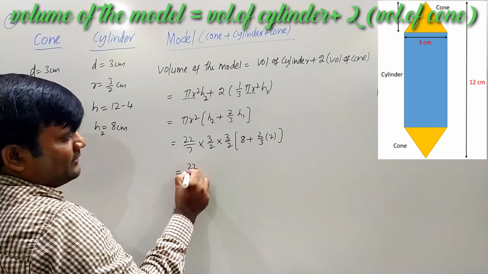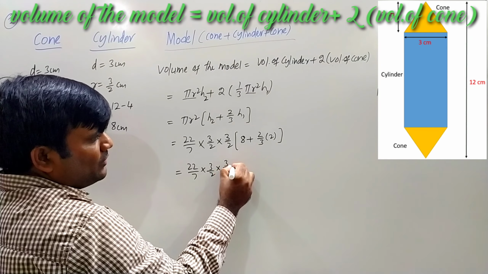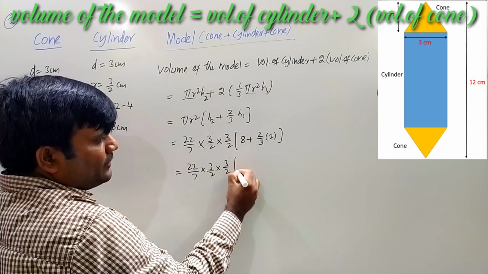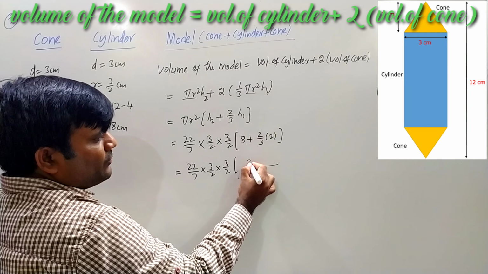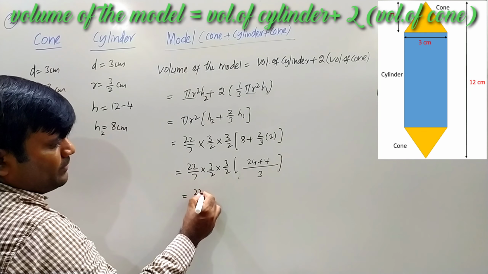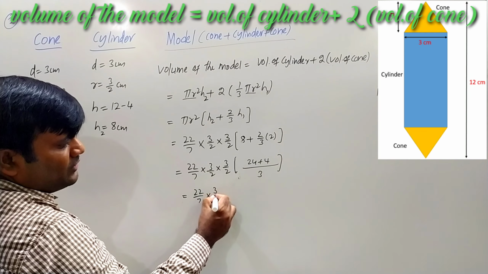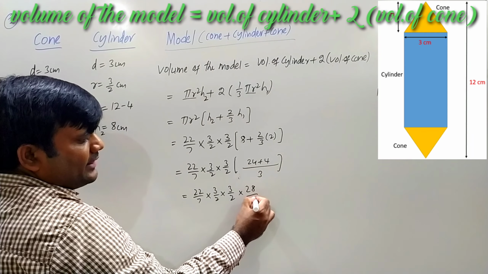So 22 by 7 into 3 by 2 into 3 by 2 into, to simplify, 3 is the LCM, 8 3s are 24, 24 plus 4. So 22 by 7 into 3 by 2 into 3 by 2 into 28 by 3.